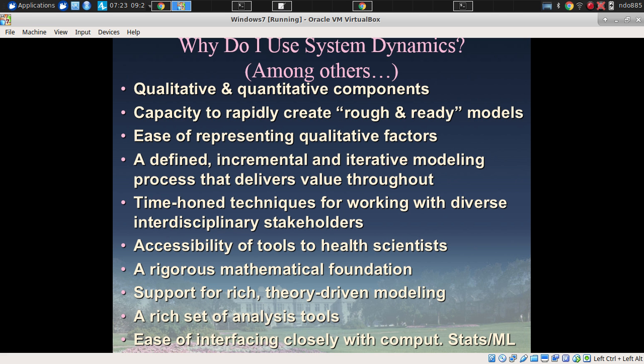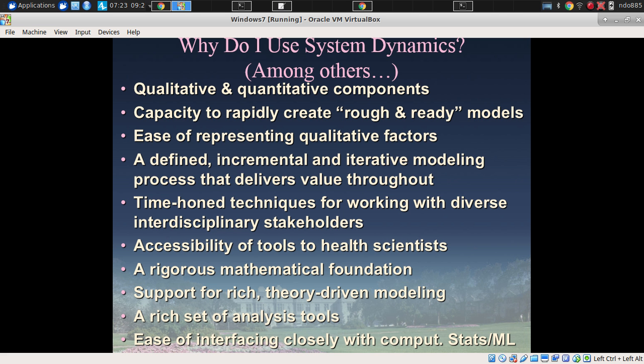We heard one from Matt just yesterday, the model from Roger Hall of metabolism and body composition and body weight change. That is phrased in a mathematical format that is basically directly translatable into a system dynamics model.